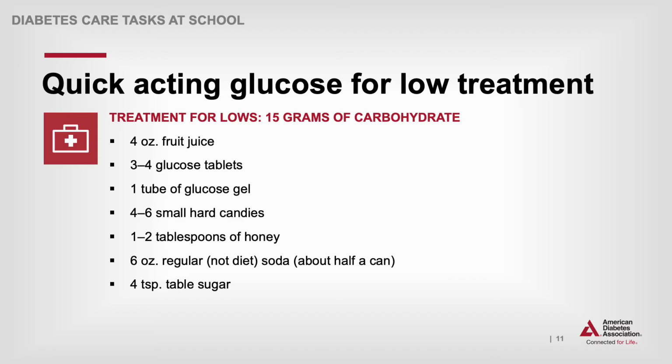Younger or very small students might be directed to take 8 grams of carbohydrates, or about half of the amounts listed on the slide. Please follow the DMMP for individual student treatments.